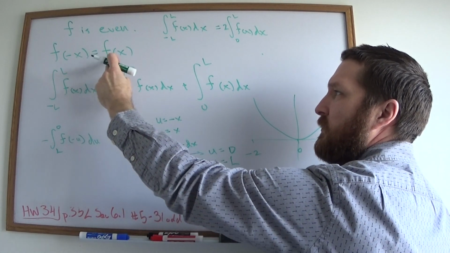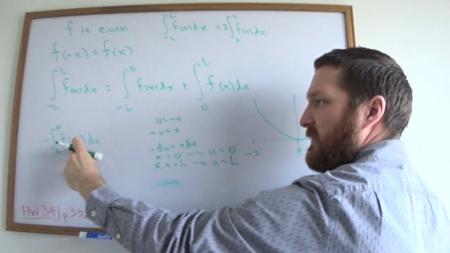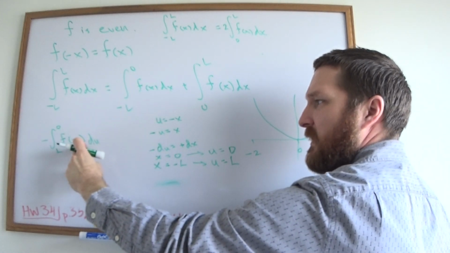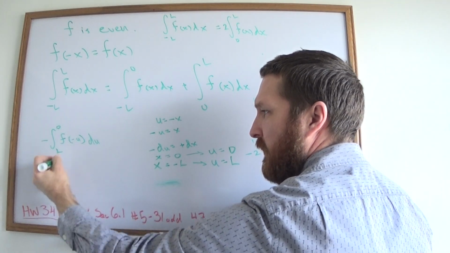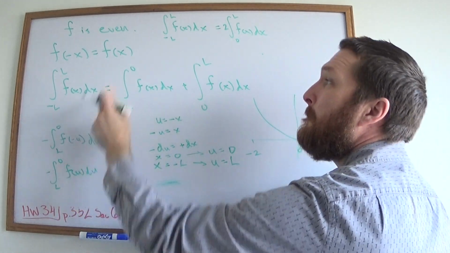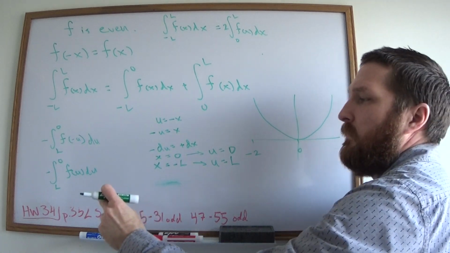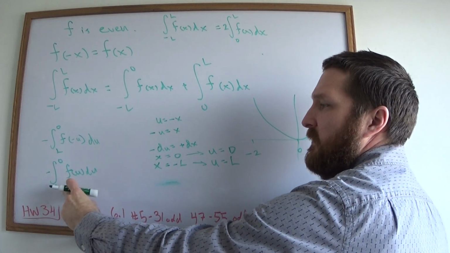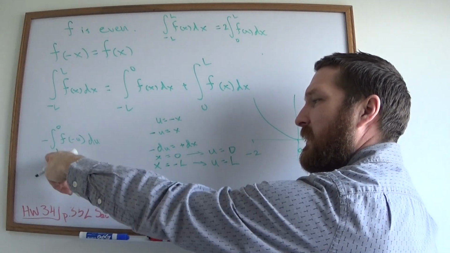Now this is where I'm going to use my fact that it's even. Since f is even, this is the same thing as just f of u. So it's still from L up to 0, f of positive u du, because it's even. But now, integrating from positive L up to 0 is the same thing as negative, isn't it?